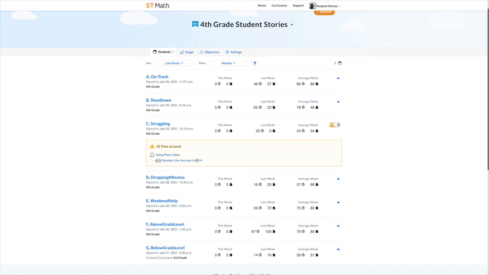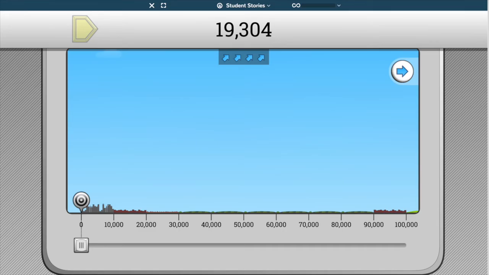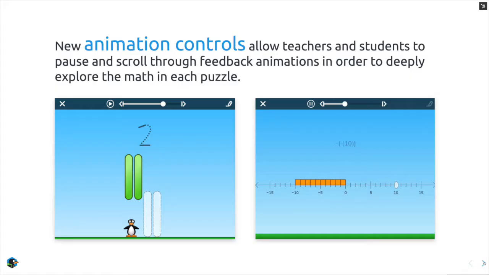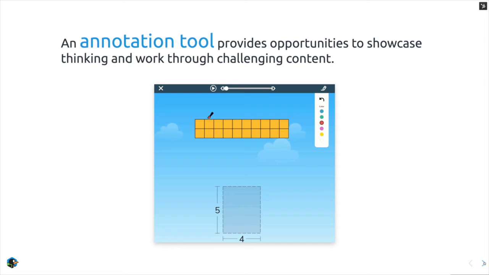The teacher can click on the alert and see the exact level a student is on, open it, and have a conversation with the student or even a group of students, either in person or remotely, about this particular level and these puzzles. And our educator training focuses on using facilitating questions to help students figure out how to solve the problems. Teachers and students can even slow down the animation or annotate on the screen to help these conversations.